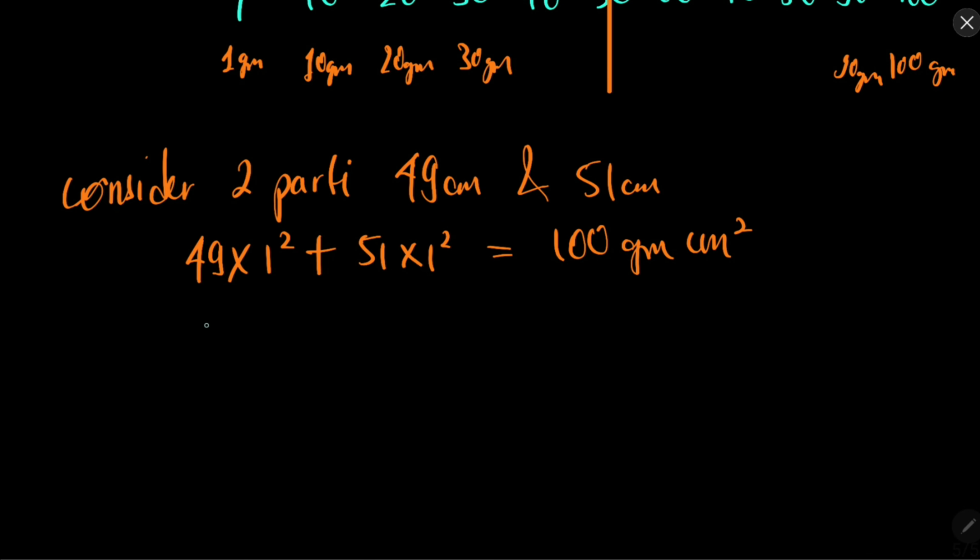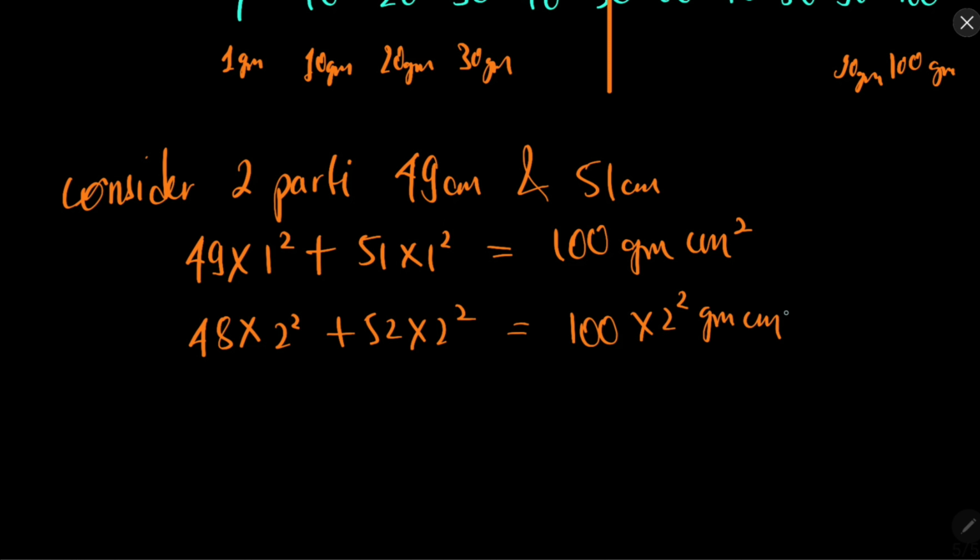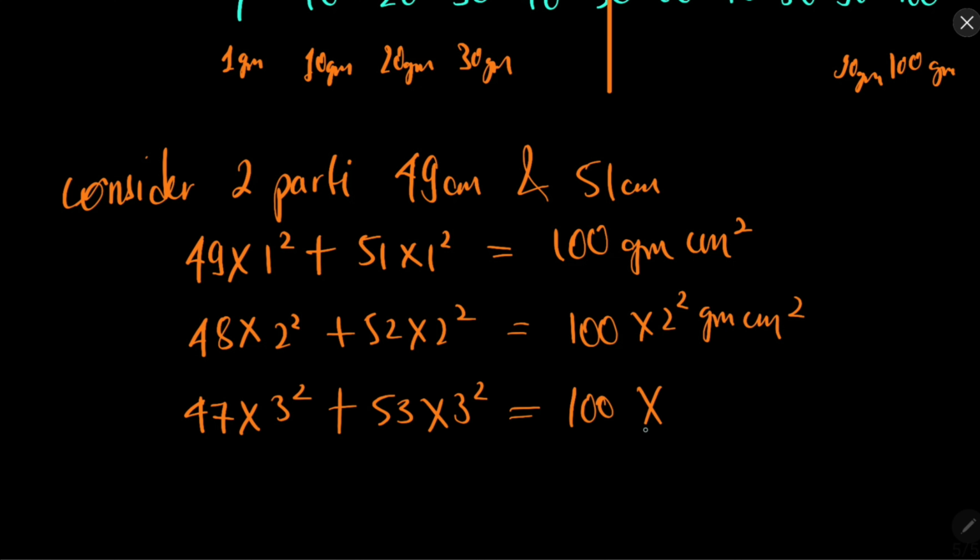So similarly you can find for 2 particles. So the 48th one and 52nd one will give you 100 into 2 square gram per centimeter square. Then for 47 into 3 square plus 53 into 3 square, it will give you 100 into 3 square gram per centimeter square.